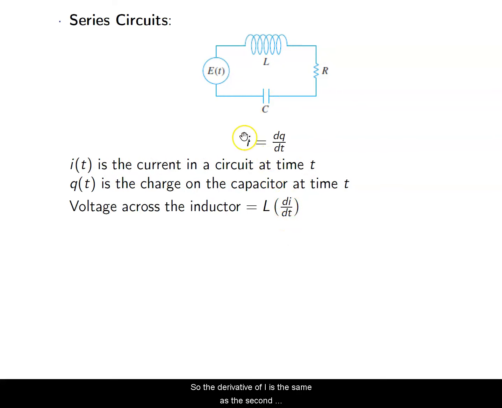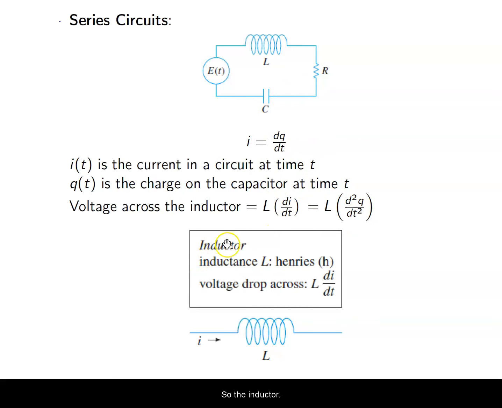So the derivative of I is the same as the second derivative of charge, right? Because I is the derivative of charge over time, so the derivative of I is the second derivative of charge. So we can rewrite this as L times the second derivative of charge. Okay, so the inductor, L, is the inductance and is measured in henries, right?